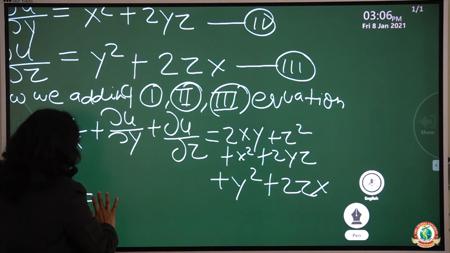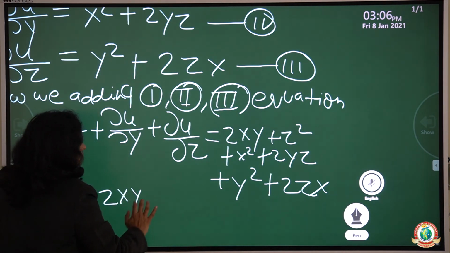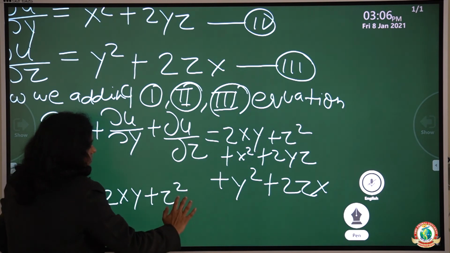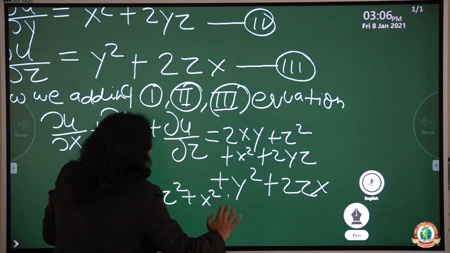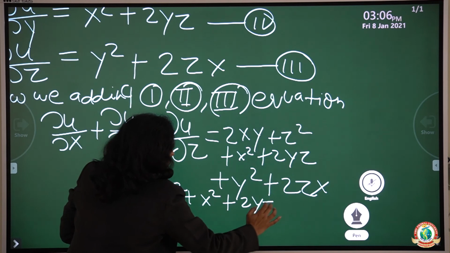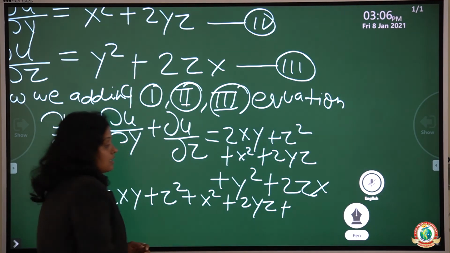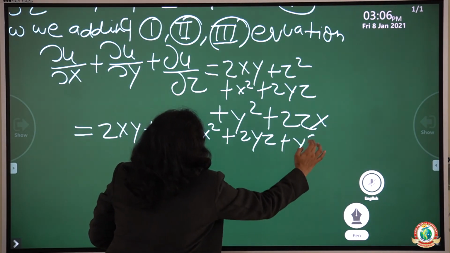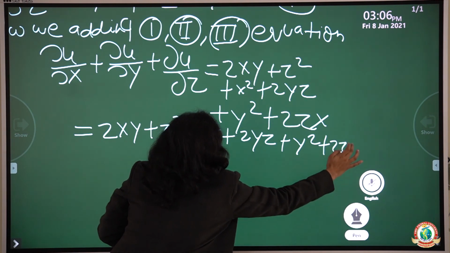Now we write this equation: 2xy plus z square plus x square plus 2yz plus y square plus 2zx.